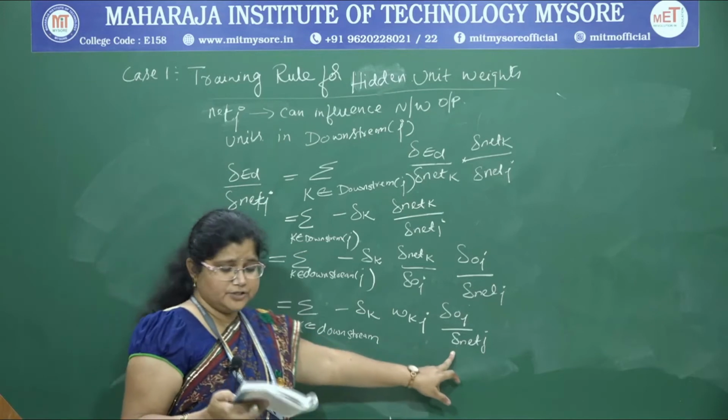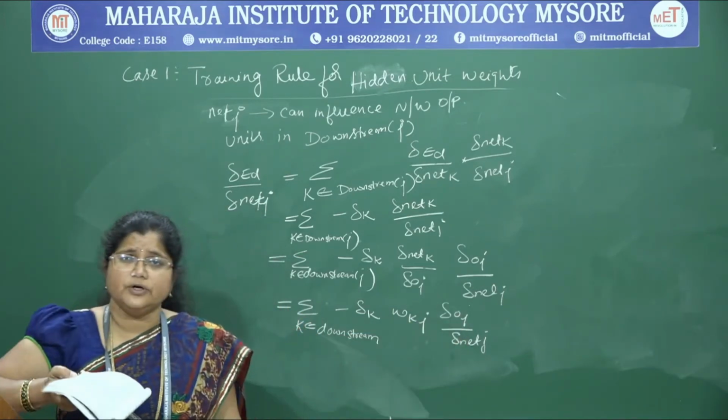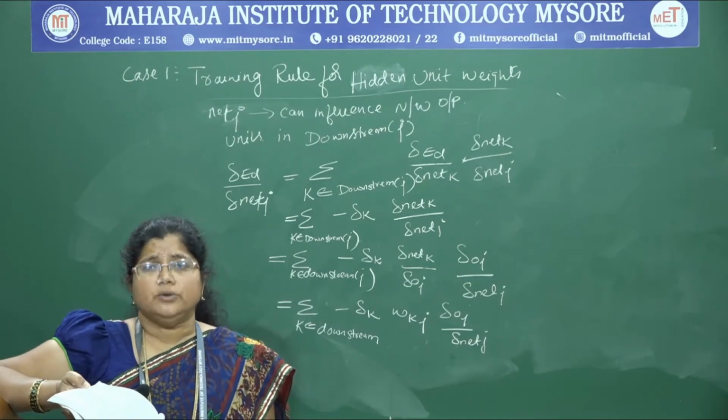In a previous equation we found that delta Oj by delta net j is equal to Oj into 1 minus Oj.